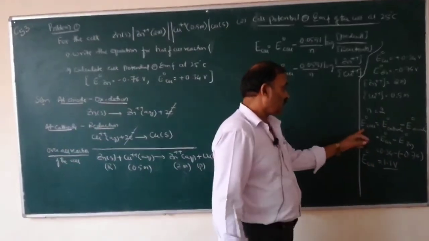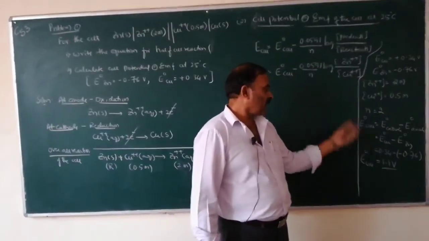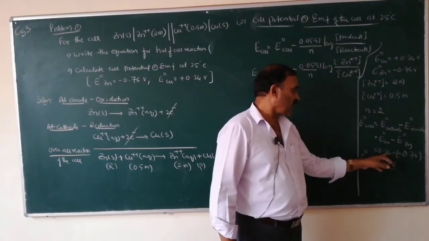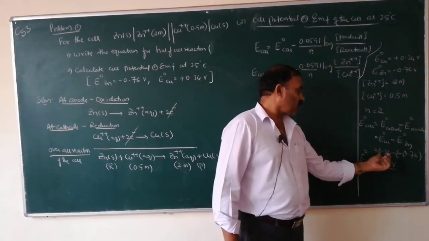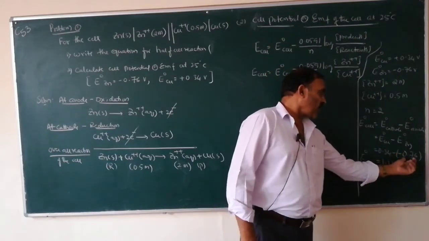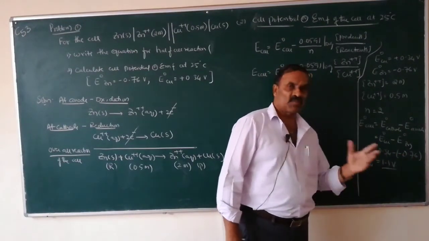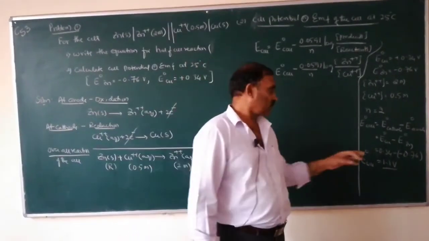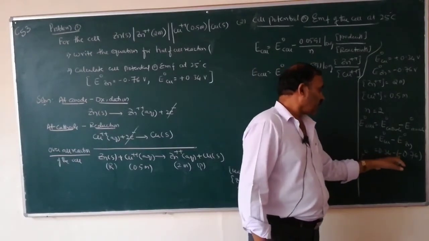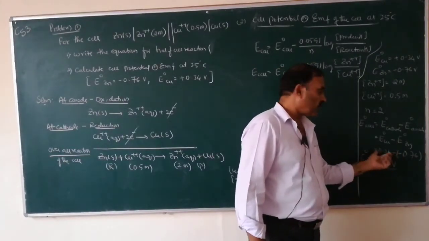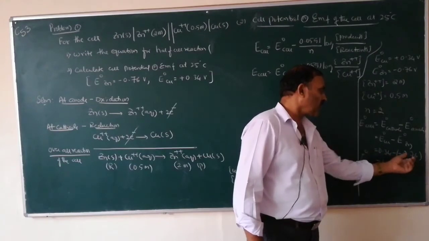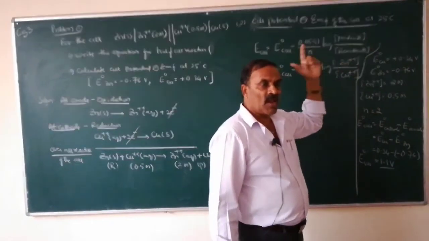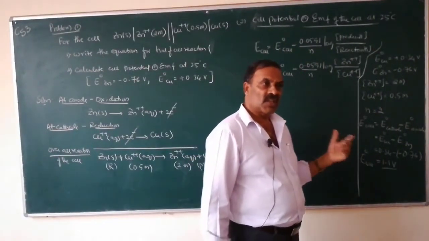To calculate E naught cell, remember to subtract the lower electrode potential from the higher. Since the electrode potential is higher, subtract the lower electrode potential from it. The electrode with the higher electrode potential is connected to the cathode, and the electrode with the lower electrode potential is connected to the anode.